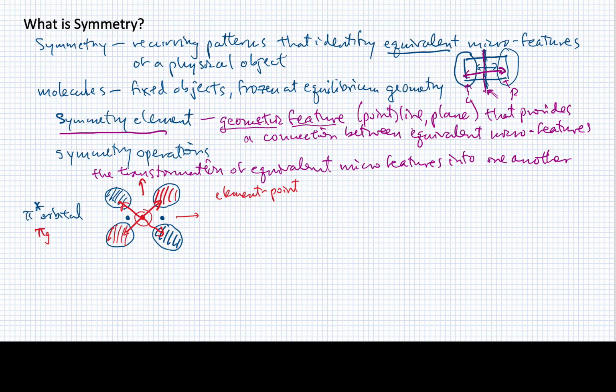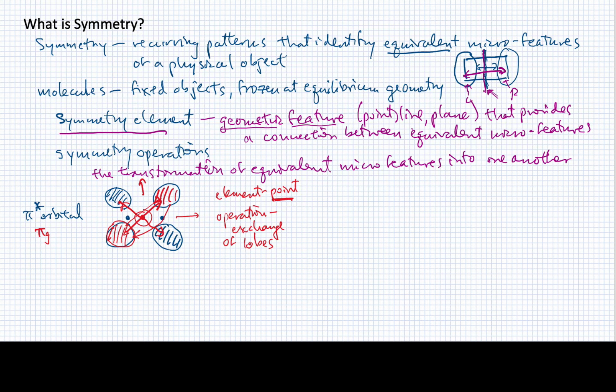And the symmetry operation would be the act of taking this lobe and moving it over here, and this lobe and moving it back over here. So the element is the point, and the operation is actually the exchange of the lobes of this orbital.